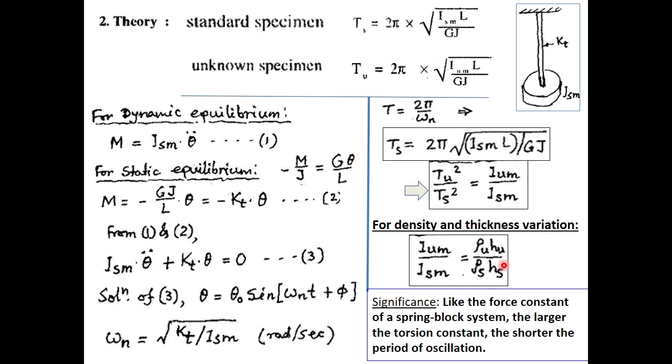So this is the technique. Now the thing is, where are we getting this particular equation from? These equations are coming from this expression for time period of oscillation. So let us see whether this is correct or not.